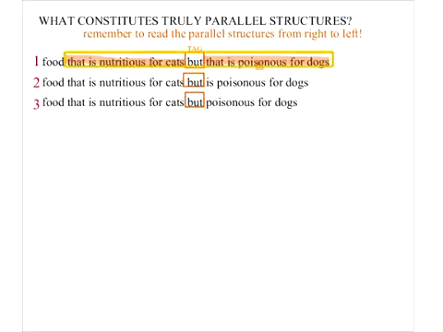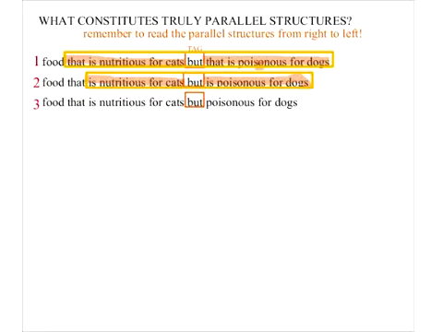And so that works. In number 2, let's kind of speed it up a little bit. We can do smiley faces at the end just to make sure you're following. So this one starts with a verb talking about food. So is poisonous for dogs, so you just take this much of the left-hand part. Again, you have the freedom to start the left-hand part wherever you want. So there's your parallel structure here.